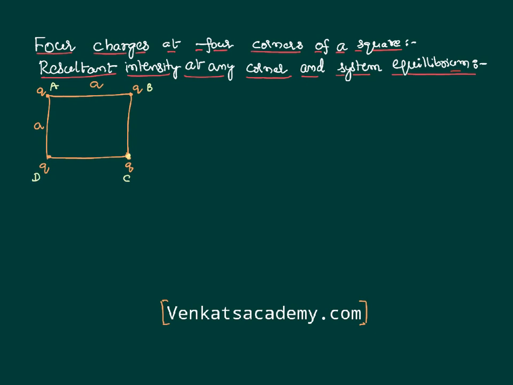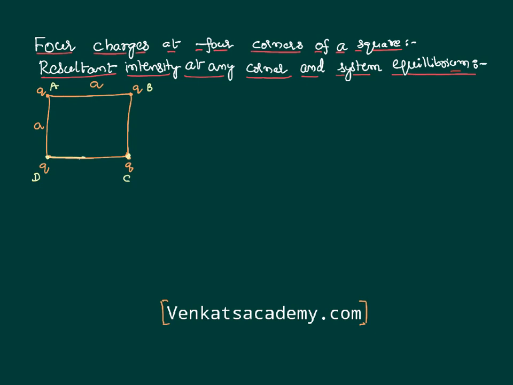I want to calculate the electric field intensity, or else the electric resultant force, because there is a charge at any one corner, say at the bottom corner. On this corner there will be a force due to the charge at the corner D, as both are positive charges.